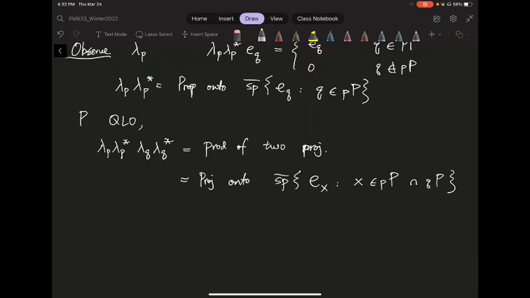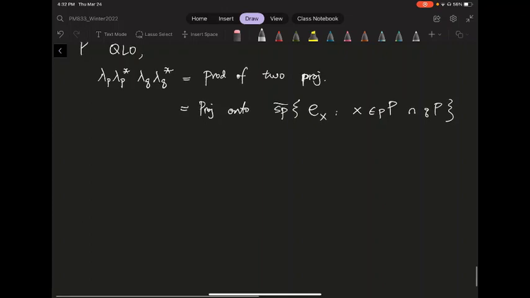And there are really just two cases from there. This is the intersection of the two principal right ideals, and the quasi-lattice order just means this intersection is either empty or equal to another principal right ideal rP, for some r, the least common upper bound. So if you take the range projections of p and q, you either get a zero if p and q have no common upper bound, sometimes written as infinity, or you get another range projection.